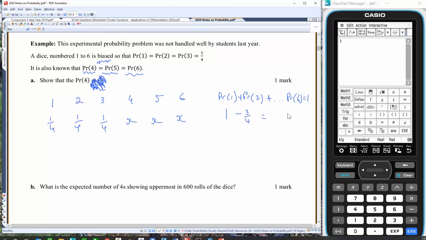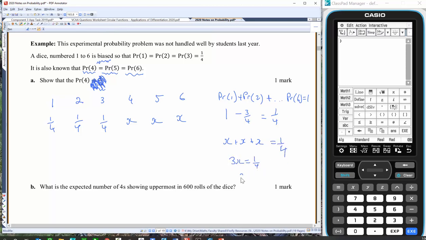So we want to know what we've got left over to share between 4, 5, and 6. So I've removed 3/4, which is a quarter plus a quarter plus a quarter, from 1 to get a quarter. So the leftover probabilities, or the probability of 4, 5, and 6 all added together, must be a quarter as well. All right, so we've got x plus x plus x must equal a quarter.